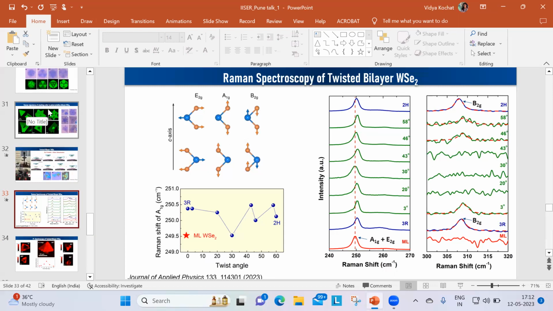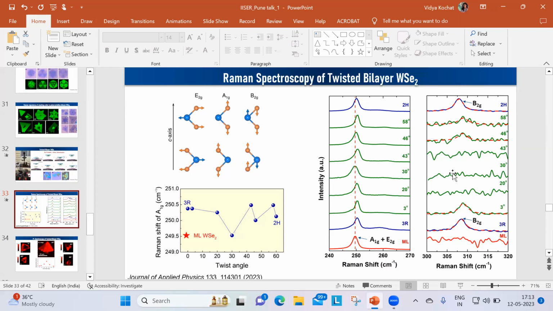This is basically how you can characterize a sample with very standard techniques of Raman and PL. Any sample that we make with CVD, these are the basic techniques, Raman and PL, and with them you can clearly see how the interlayer coupling is changing.